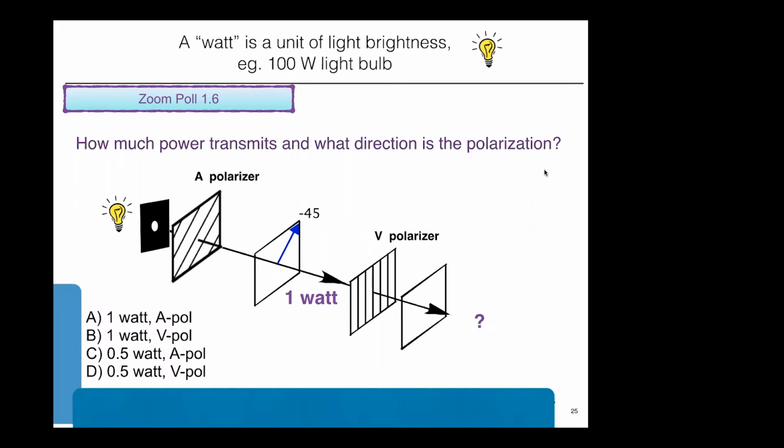The polarizer does not allow H light to pass through it. And the light entering the V polarizer is a combination of H and V. So you can change your vote right now if you want. And I'll stop there.